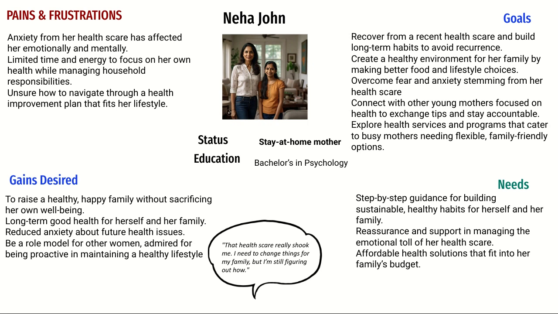So for somebody like Arjun or Neha, what are the stages that they would go through vis-a-vis the experience that they would have with any platform like Niramaya, who wants to help them.